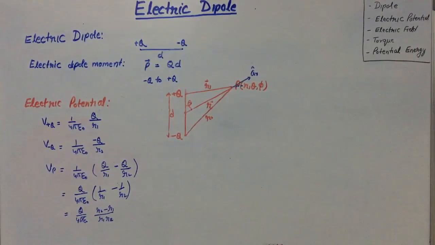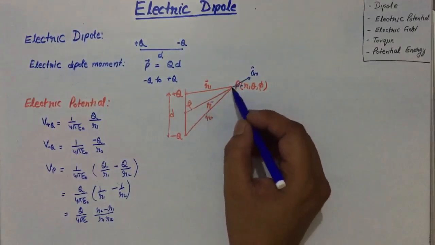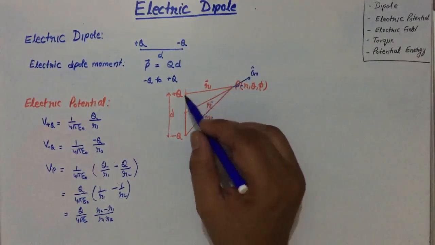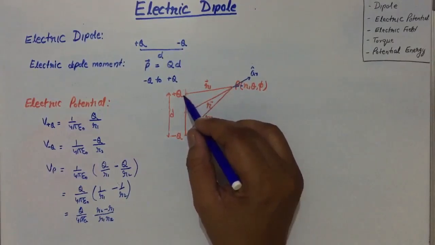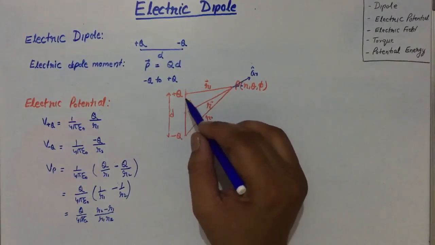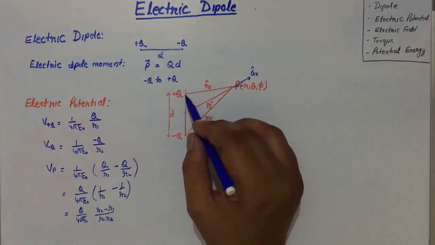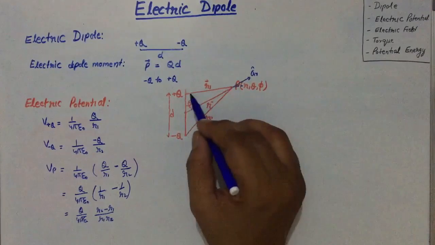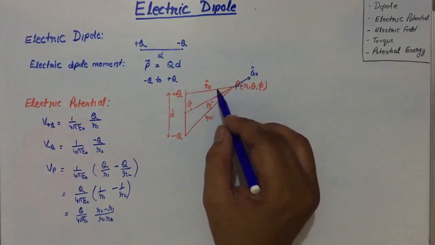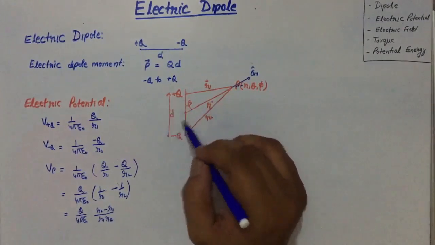Now consider an assumption: this point is very far from the dipole, meaning the distance r is very much larger than d.